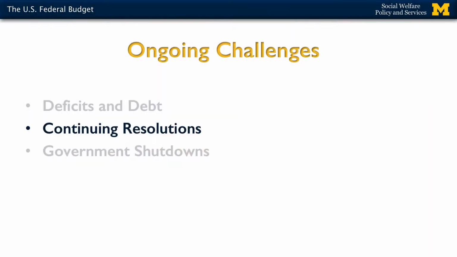A second issue that you need to be aware about are continuing resolutions. You might remember that I said every year Congress has to pass a budget authorization. Well, that's how things are supposed to work. Increasingly, as things have been contentious politically, our federal government has been funded more and more through what are called continuing resolutions.